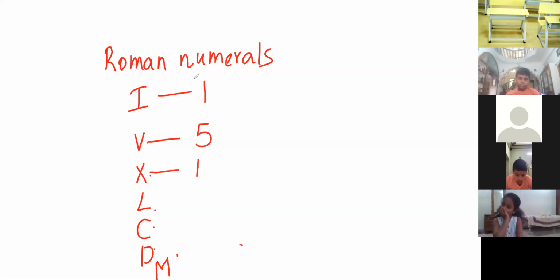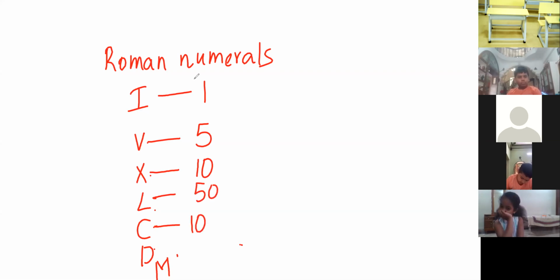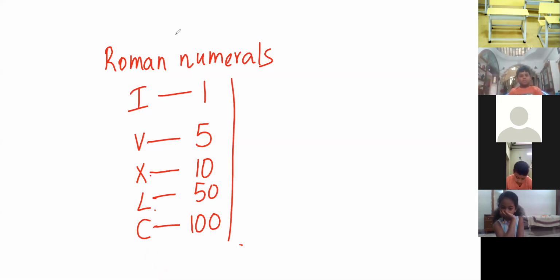The value of X is 10. The value of L is 50. The value of C is 100. And I'm going to write these two letters on the right side. The value of D is 500.